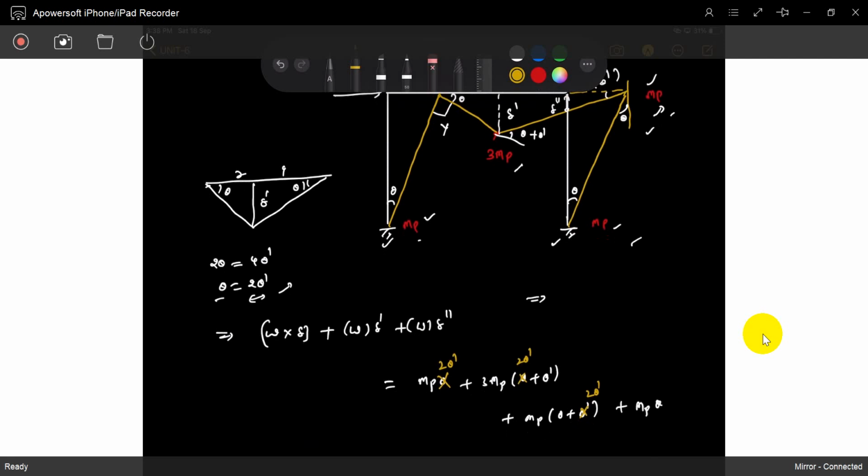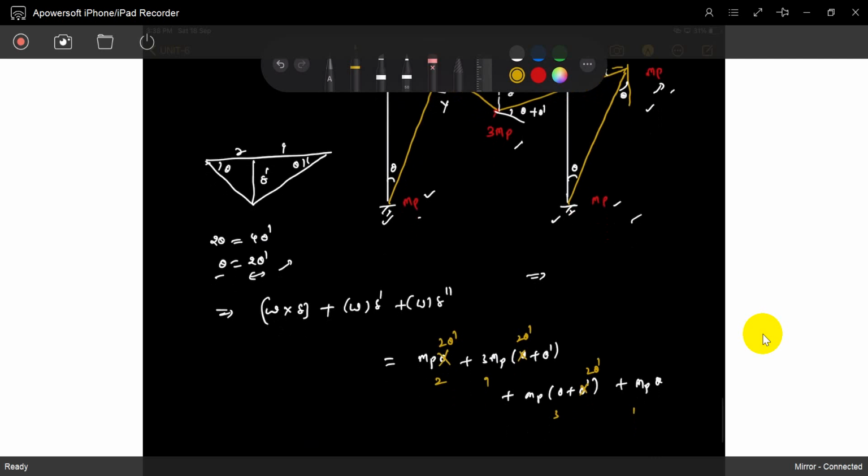So 6, 6, 12. You will get 16 mp theta dash.